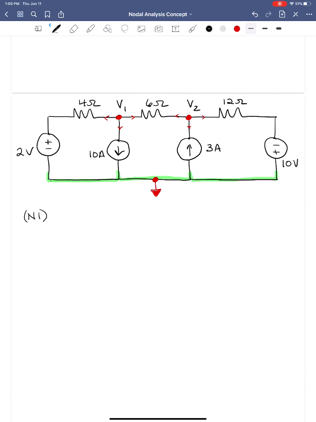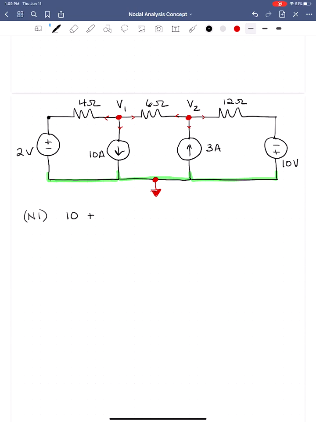Let's start with the current flowing down. It doesn't matter which current we solve for first. The current flowing down is nice and easy. It's this current here. The source defines it, so we have plus 10. Plus the current flowing to the left. We want this current here, so this is our voltage drop across that 4 ohm resistor based on this current. This voltage here is going to be 2 volts relative to ground, just like we did last time.